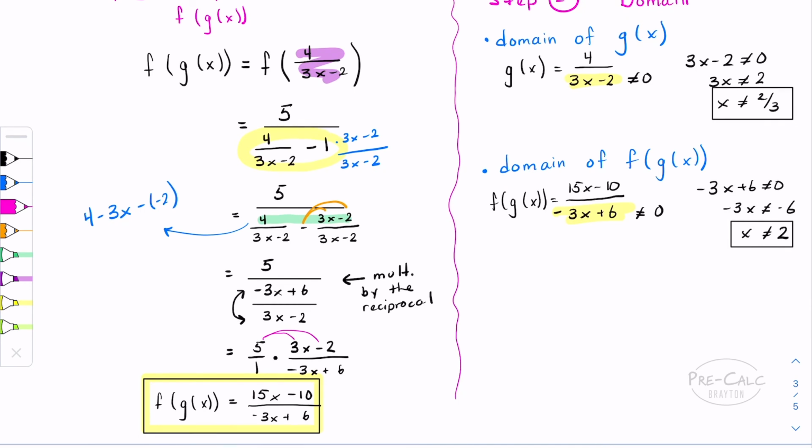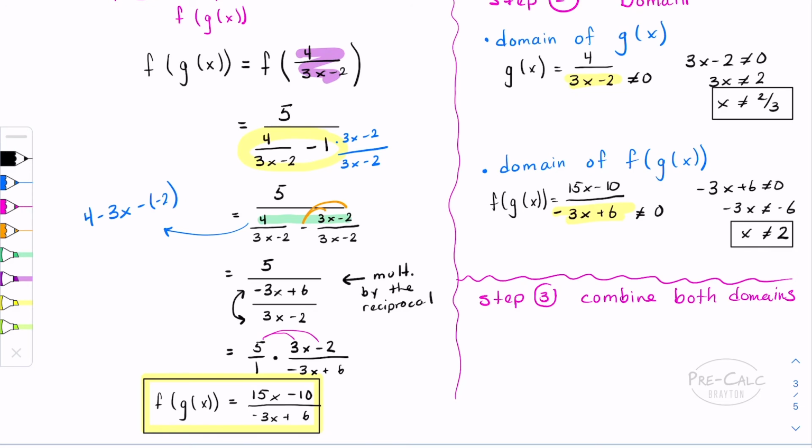Once we find the domain of both functions, the inside and the total function, step 3 is to combine both domains. So this is where I made the suggestion of a number line. The two domains include the values that x cannot equal 2/3 and x cannot equal 2.